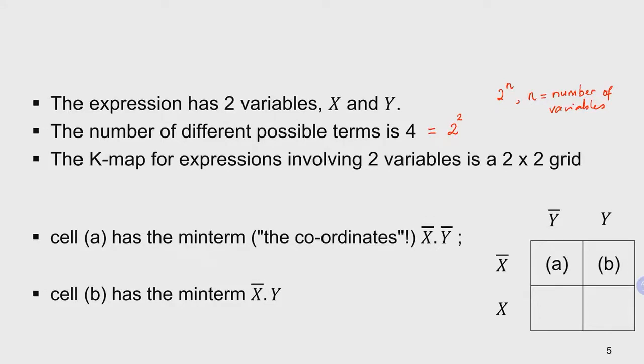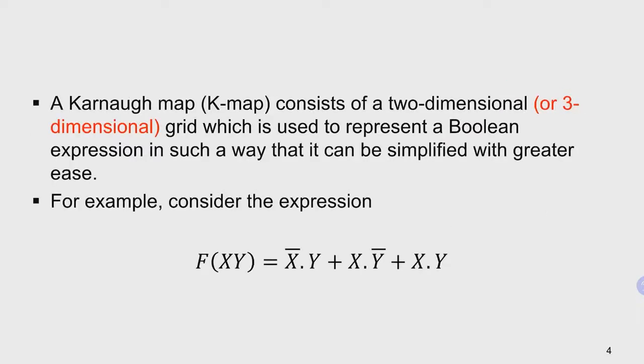In this case, we have n equals 2, so there are 4 possible terms in our expressions. But the expression given just now has 3 terms. If we have the other term, so that all 4 possibilities are included, the function will be equal to 1.